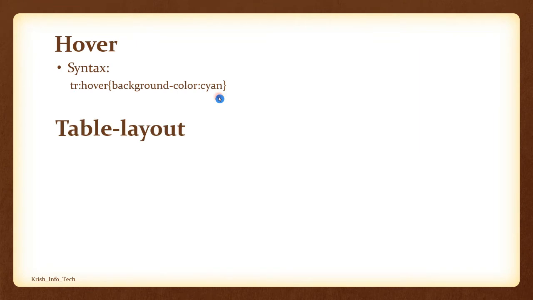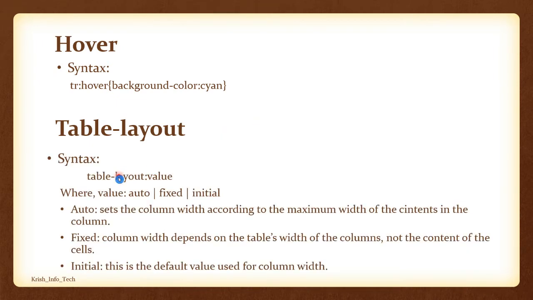Now next one is table layout. What is table layout? This property is used to set the layout of a table. It is used within the table tag. Okay, so the syntax for this is table-layout colon value. Here under value we have three things: auto, fixed, initial.